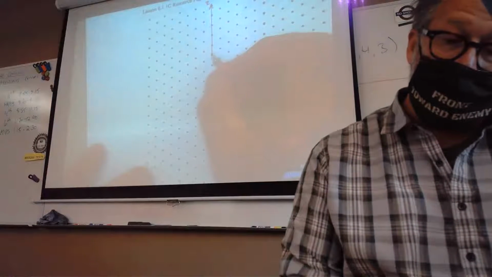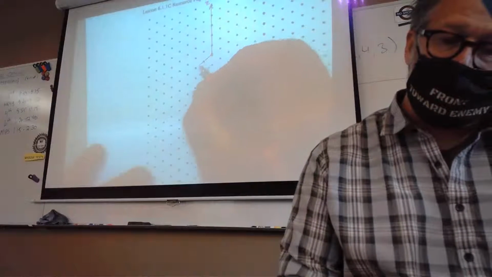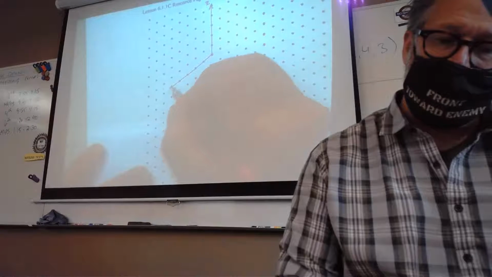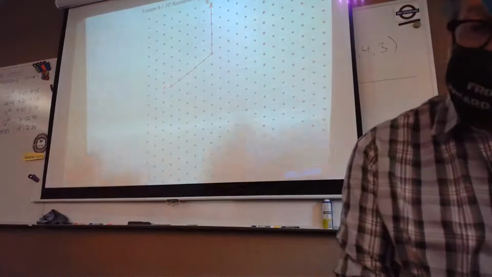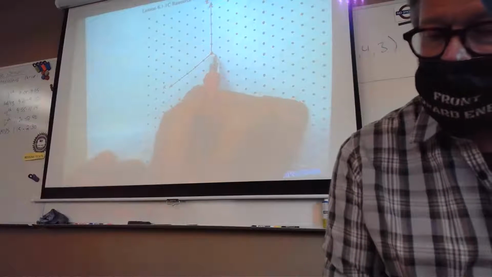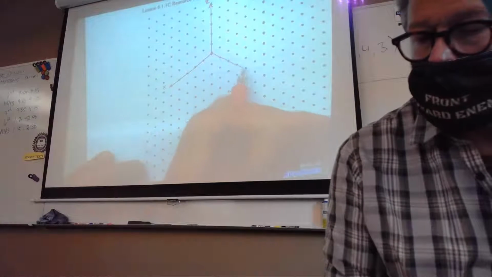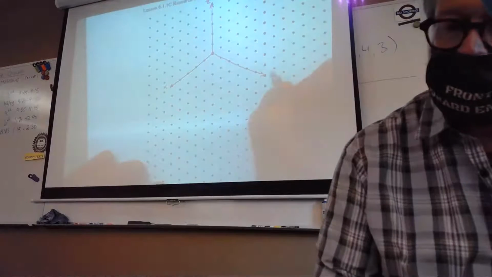And then you're going to draw the x-axis down to the left at a diagonal. And then you're going to draw the y-axis down to the right at a diagonal.